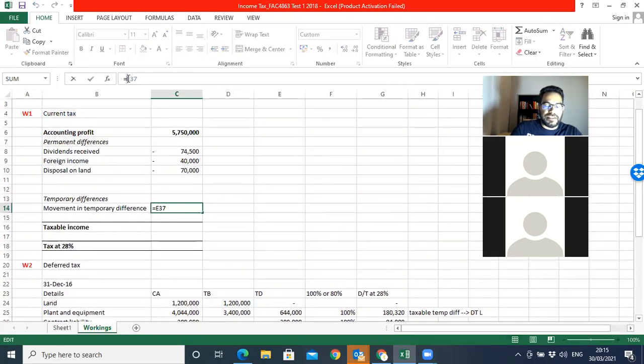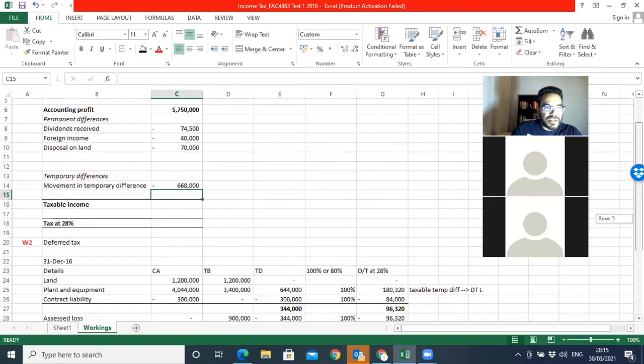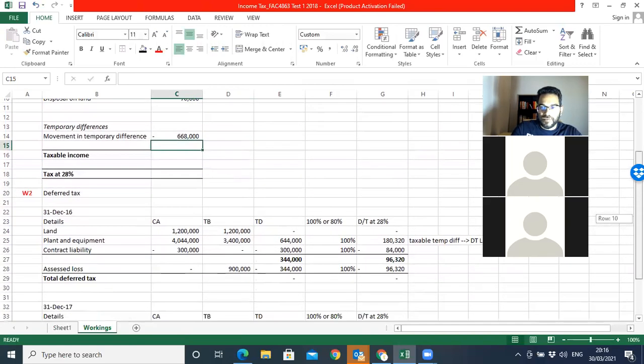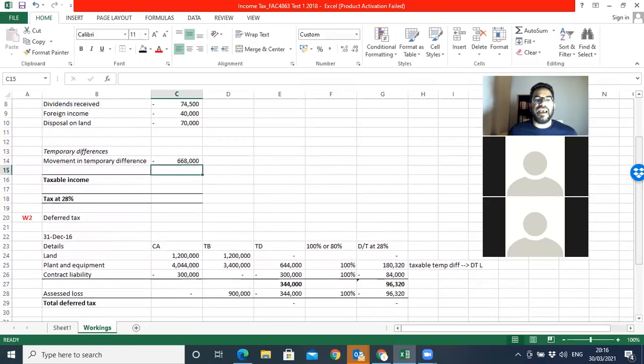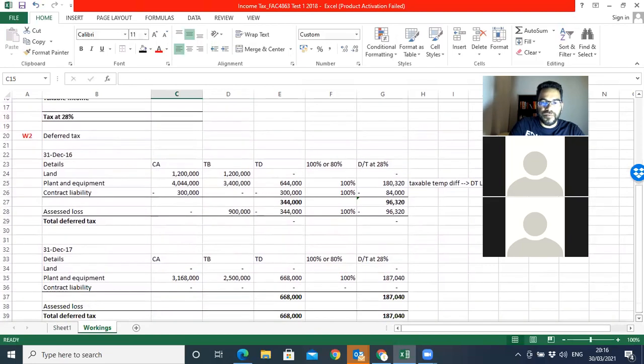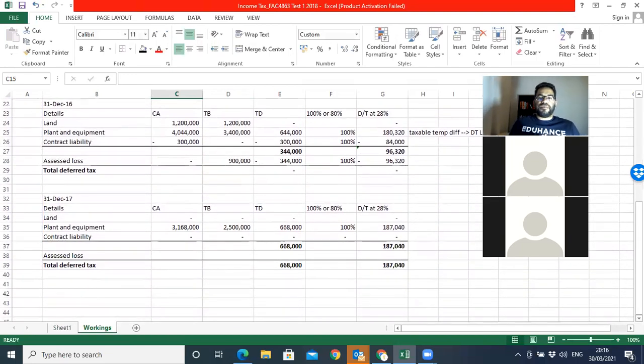We're going to make this negative. So let's understand why we are making this negative, and let's understand this deferred tax issue.